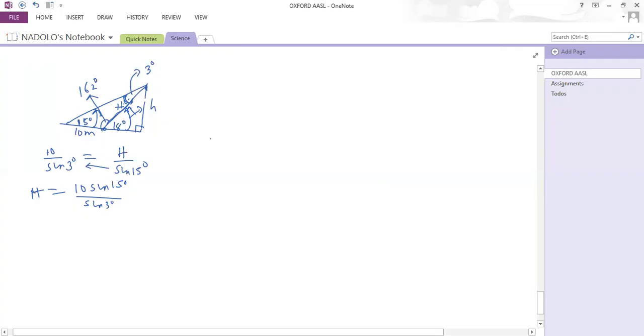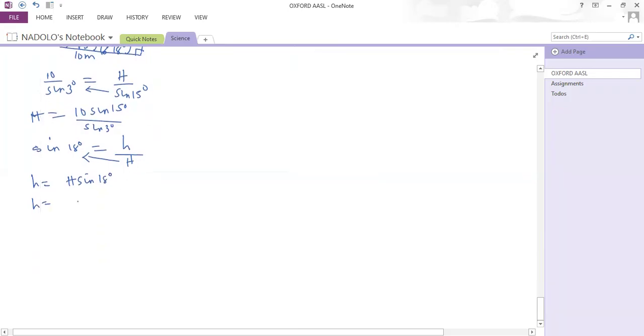I'm going to use it with the trigonometric ratio of sine. So sine 18 degrees should be equal to opposite h divided by hypotenuse capital H. So for you to get small h, you have to multiply capital H by sine 18 degrees. What will that give us?